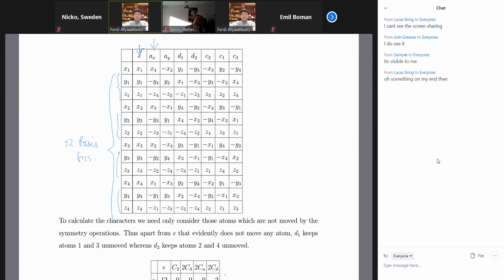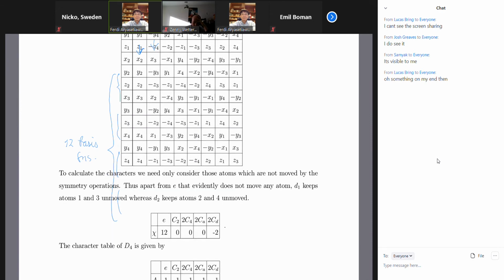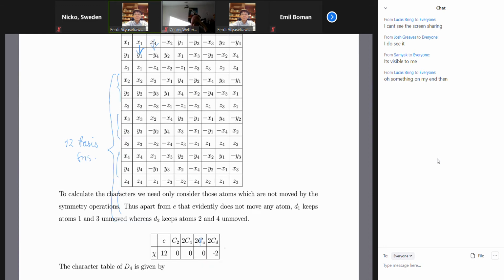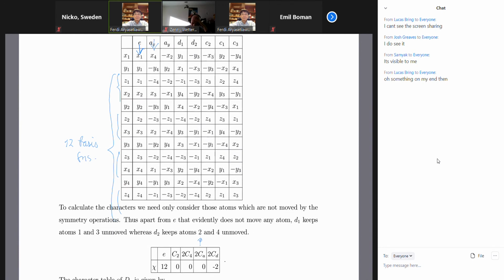At least I cannot find anything equal here. So the character should be 0. I think that's what I have here also. So here, the character of A is 0. And AX, AY, of course, is the same thing.